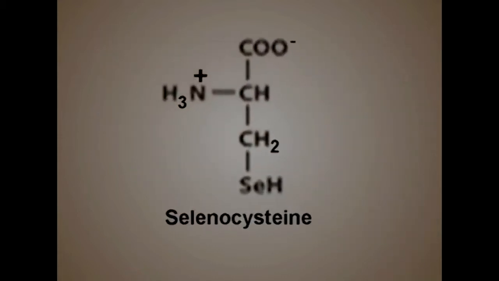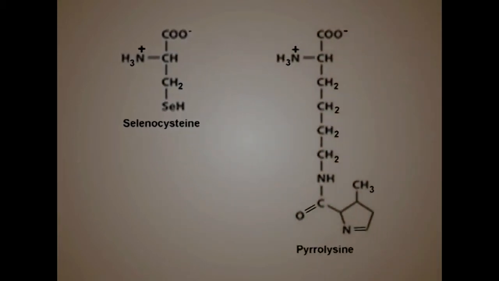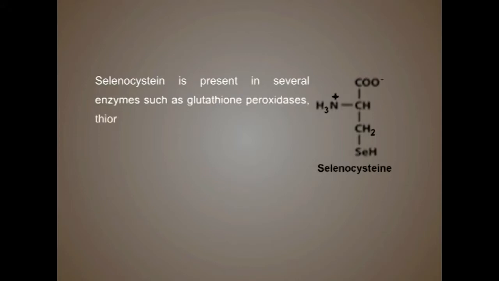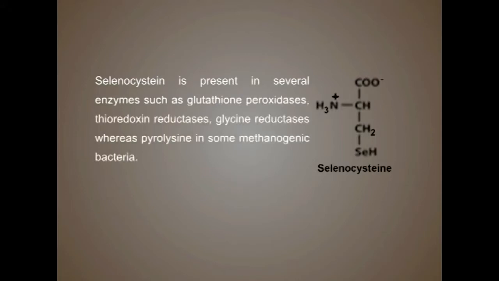Two amino acids, namely selenocysteine and pyrrolysine, were newly reported as constituents of protein. Selenocysteine is present in several enzymes such as glutathione peroxidases, thioredoxin reductases and glycine reductases, whereas pyrrolysine is found in some methanogen bacteria.